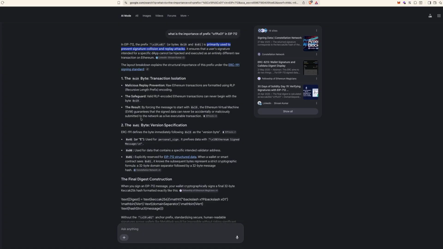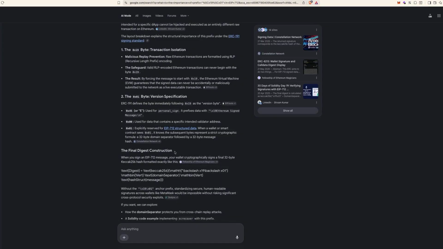Then 0x01 byte, version specification. ERC-191 defines the byte immediately following 0x19 as the version byte. 0x45 or E is used for personal sign, it prefixes data with 0x19 Ethereum signed message. 0x00 is used for data that contains a specific intended validator address.